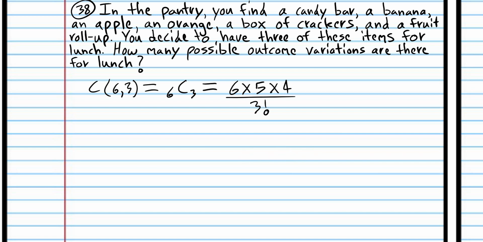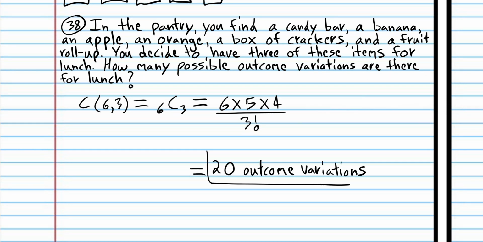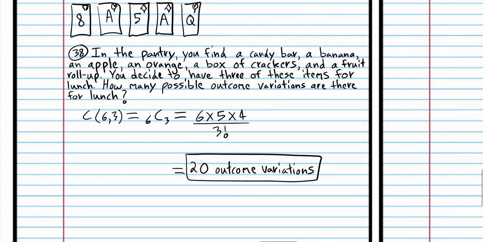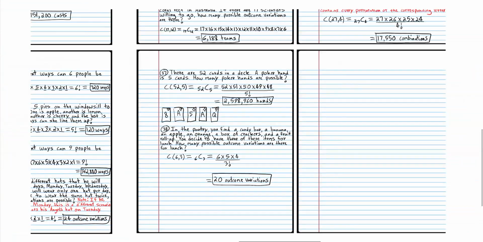So when you press enter, you should get 20 outcome variations. So if you got that right, excellent.